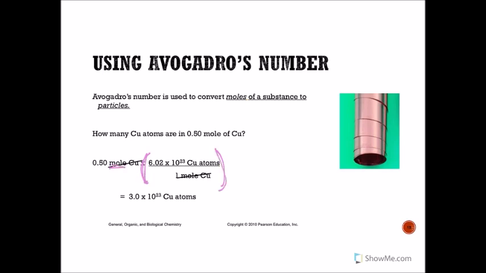And since we started with moles of copper, moles need to go on the bottom, so we can cancel them out, which means we need to put 6.02 times 10 to the 23 copper atoms on top. And then we multiply the two numbers on top and divide it by the number on the bottom. So we go 0.50 moles times 6.02 times 10 to the 23, all divided by 1. We get 3.0 times 10 to the 23 copper atoms.